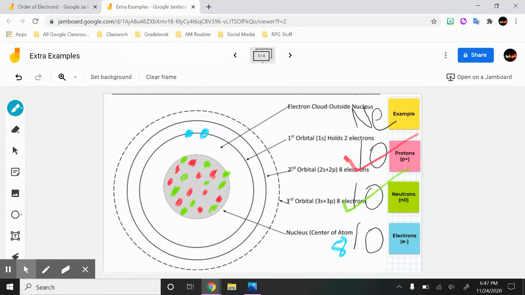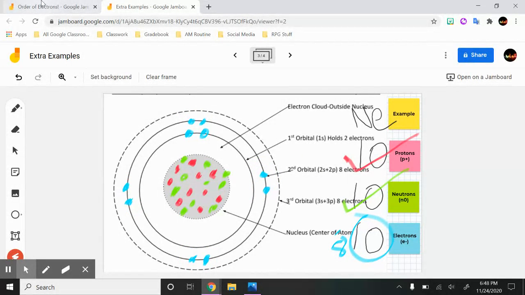I'm going to go in the pattern, up, down, left, right, and then repeat until I have the total of 10. Up, down, left, right. So I should have 2, 4, 6, 8, 10 electrons.